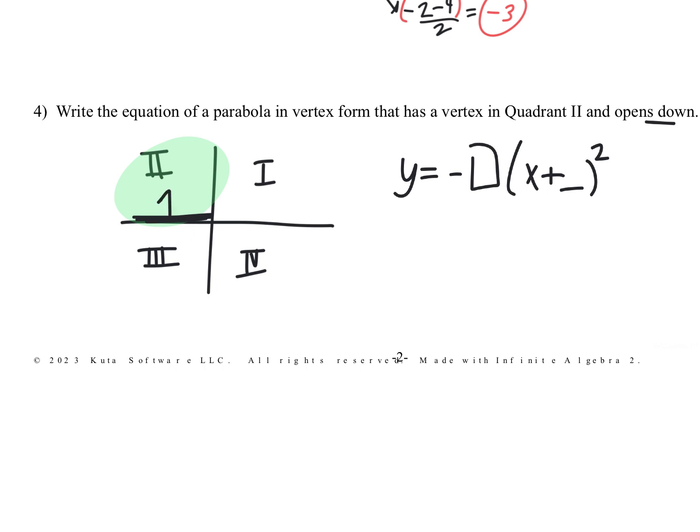And then to get the y-coordinate up in quadrant 2, it's going to need to be plus some number as well. So you could put in any numbers you want, as long as this is negative, like negative 2 times x plus 1 squared plus 1, or whatever. So what I'm looking for to make sure that it's correct is that that's negative, that's positive, and that's positive. That will get it in the correct quadrant and open in the correct direction.